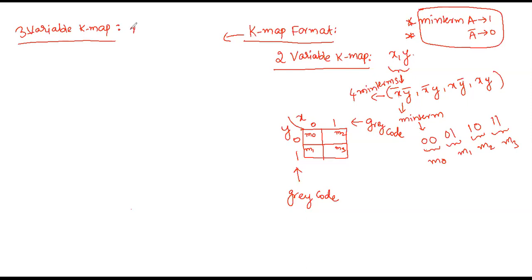With three variables x, y, z, we have 8 combinations like x bar y bar z bar, x bar y bar z, and so on up to x y z. If you substitute, these are all 8 minterms.